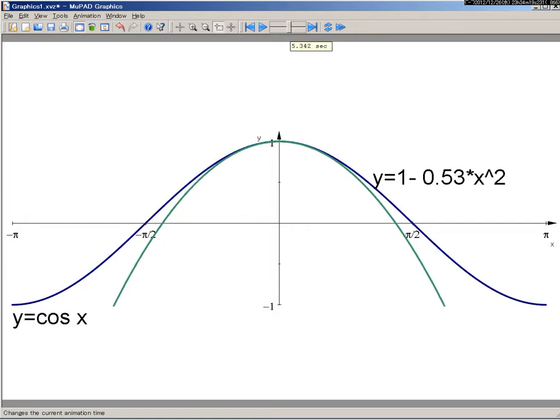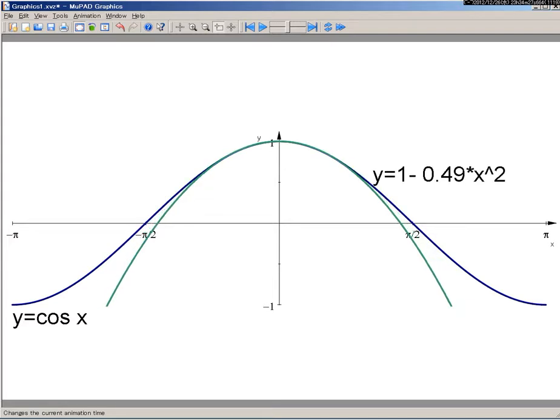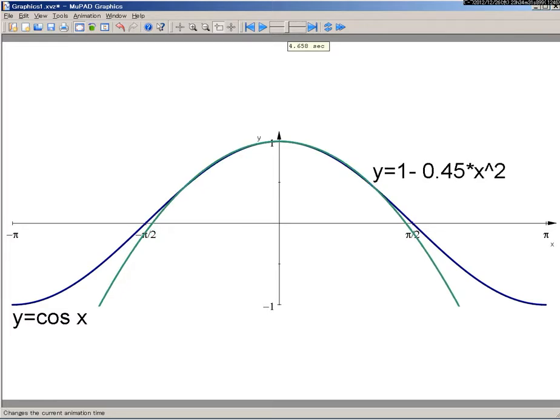To my eyes, 0.45 or 0.47 is the best solution. But to check it, we have to magnify around x equals 0. This is the magnifying glass, which I talked about before. Unfortunately, GeoGebra doesn't have this.